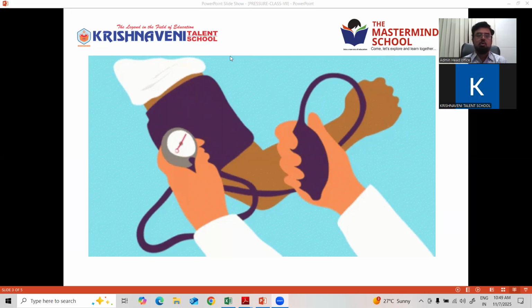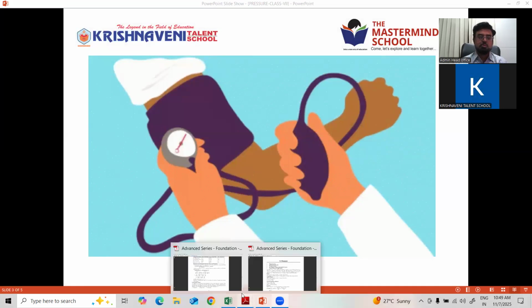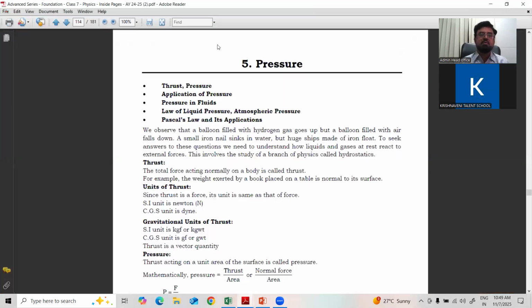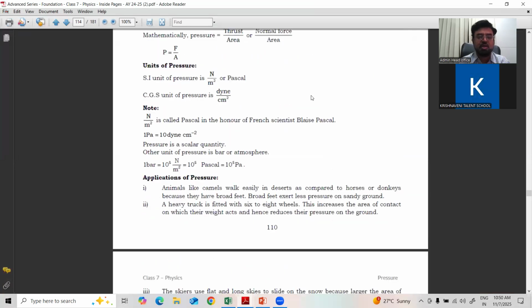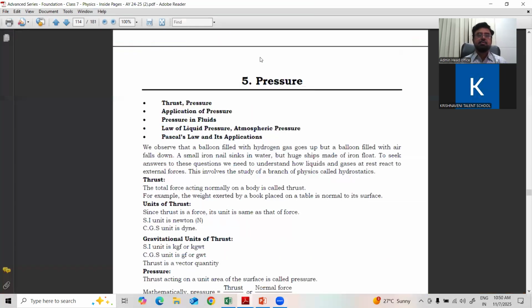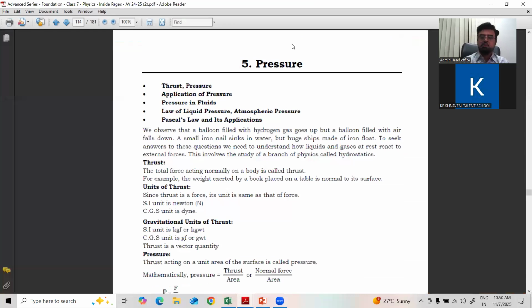So we'll see exactly what pressure is, as per our material. We have the 5th chapter here, page number 110, pressure. In this chapter, we learn what thrust and pressure are, what the applications of pressure in our day-to-day life are, and what pressure in fluids is. Pressure is not only applicable in solids, it is also applicable in liquids and gases.